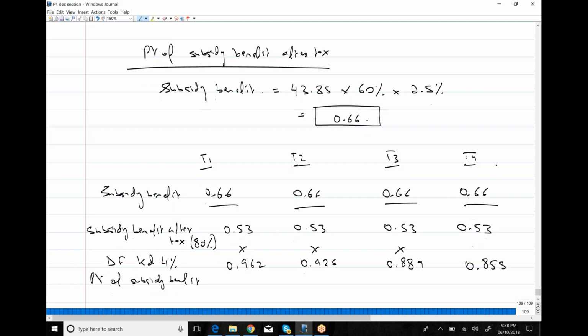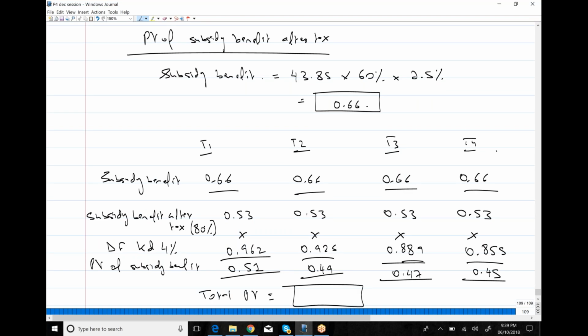Okay, so just multiply with the discount factor. And that will give you the present value. Total present value will be 1.92. Okay.